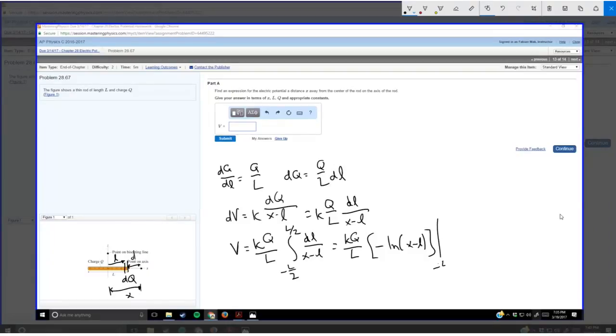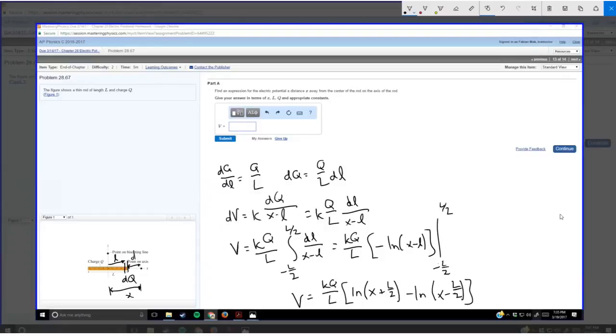And this is from negative big L over 2 to positive big L over 2. So we should get kq over L of, let's see, natural log of x plus L over 2 minus natural log of x minus big L over 2.